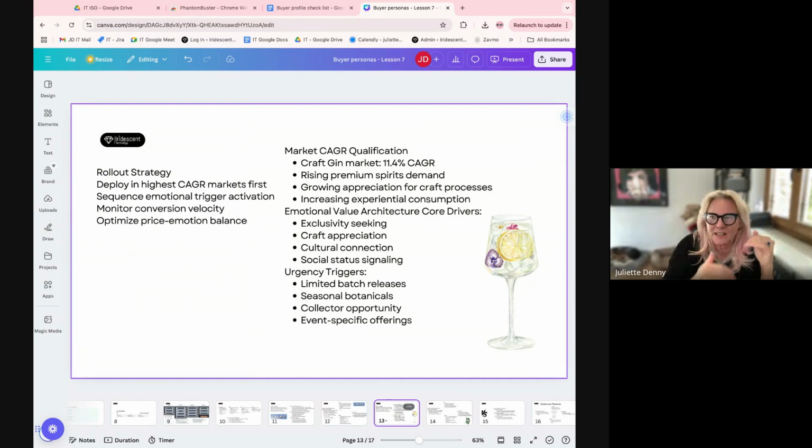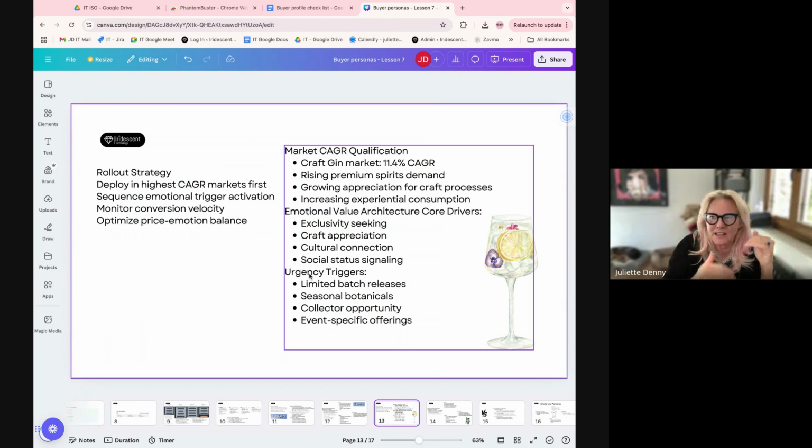Looking at how we might utilize our understanding of buyers here with regards to the highest growth market, and the sequence of that emotional excitement and delight in order to trigger the purchasing decision.